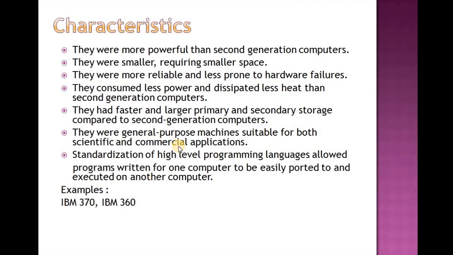But these were commercialized, and also the price of these computers was reduced. Because of this, everyone could afford these computers, and it actually gave birth to software industries, and many software companies started using the computers.